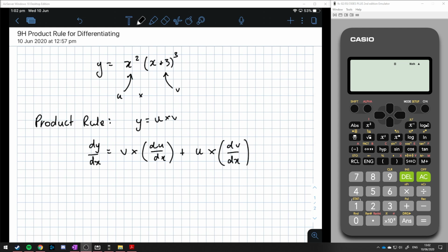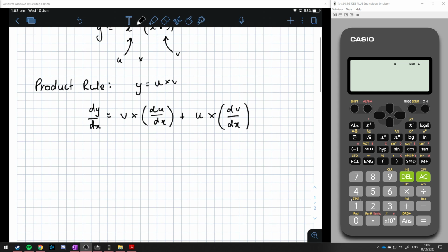So v du dx plus u dv dx, or another way to write it in our other function notation, f dash of x is equal to vu dash plus uv dash, okay? I like this one better because it's a bit easier to remember, but vu dash plus uv dash. Okay, so those are the two styles that we can write it in.